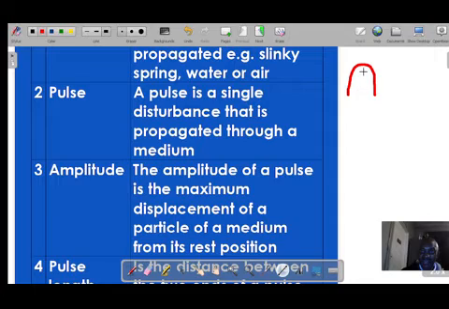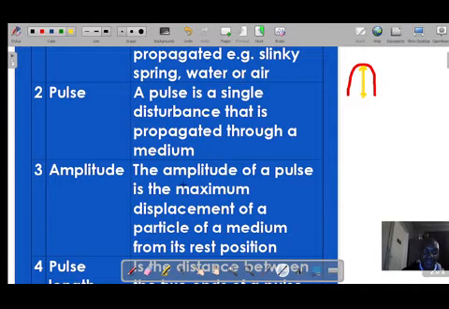If I draw the amplitude for this one, it's going to be from this point. Let me use a yellow color. Now this is my amplitude. This is my amplitude, that is from the top to the rest position here.